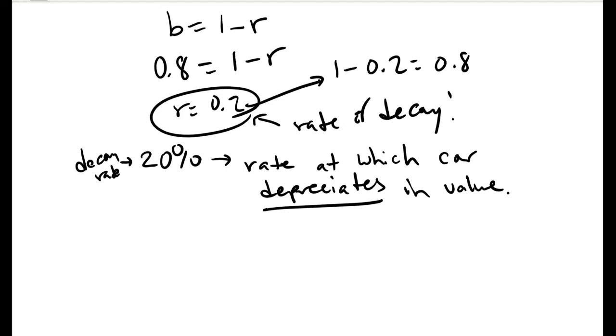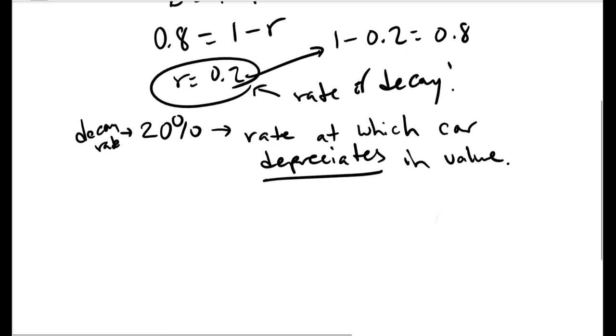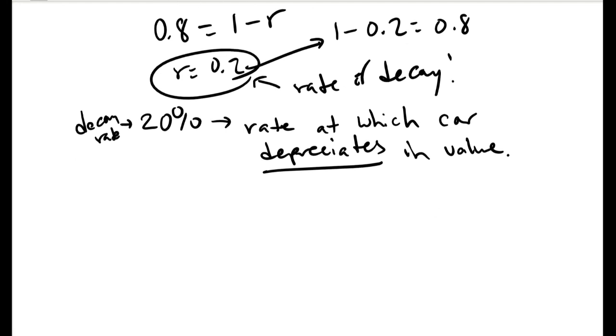So you got to consider that generally it's not very wise to buy a car that is brand new. And the reason why it's not wise is because of the depreciation rate. If you buy a car that's $24,000, then as soon as that year passes by, you lost 20% of its value.